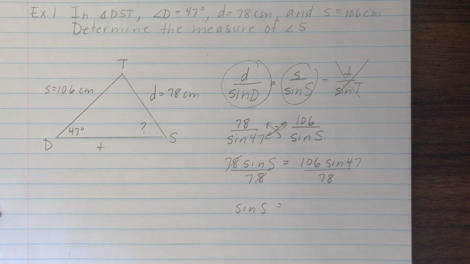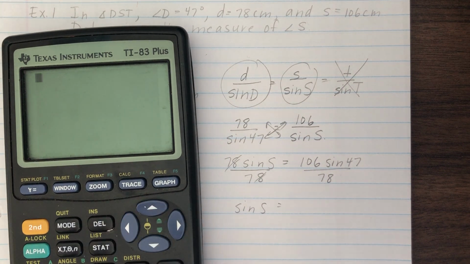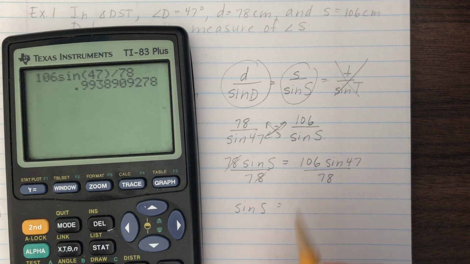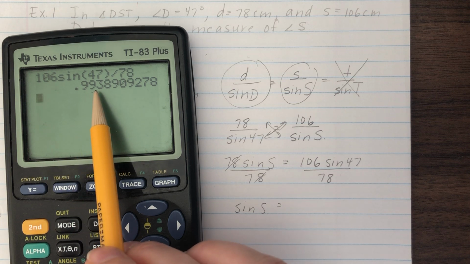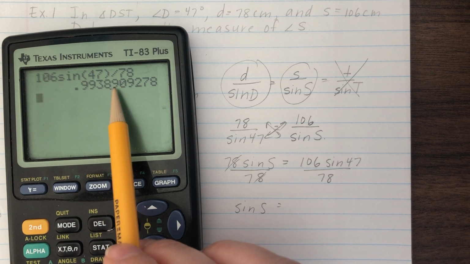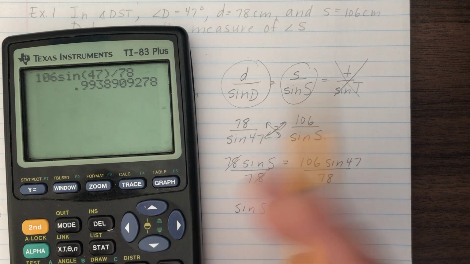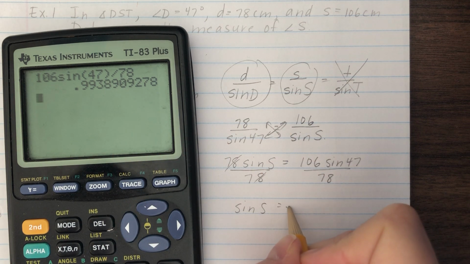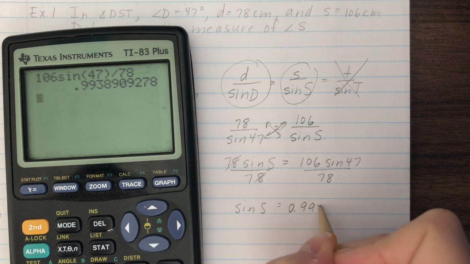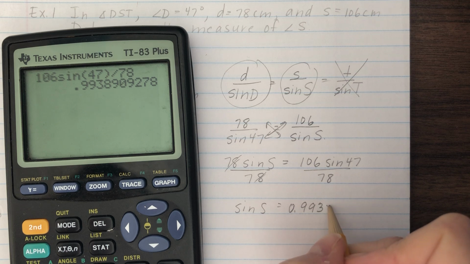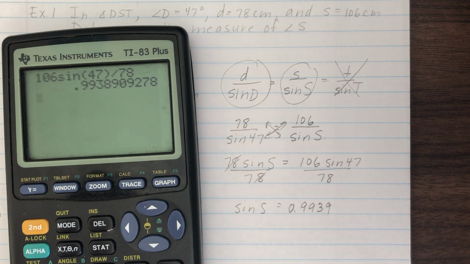And then I would enter this into the calculator, giving me a ratio of 0.9939. Now remember, you have to use 4 digits after the decimal when it comes to trigonometric ratios. If you don't use 4 digits, your answer will not be accurate enough.